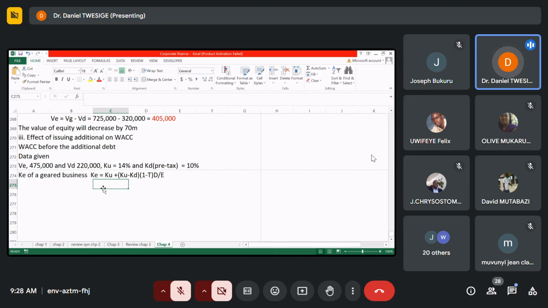So our KE is going to be 0.14 plus (0.14 minus 0.1) times (1 minus 0.3) times 220 divided by 475.